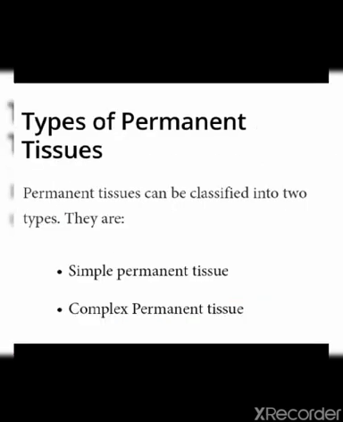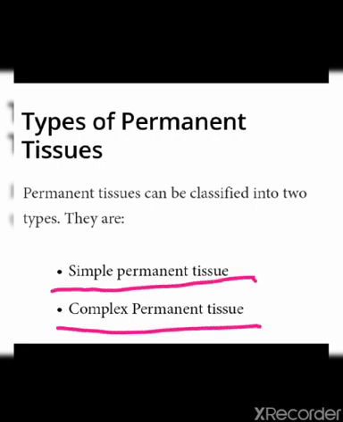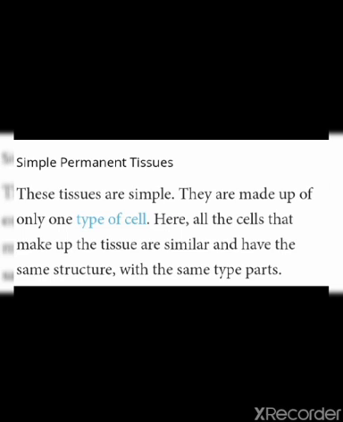Now, types of permanent tissues. Permanent tissues can be classified into two types. They are simple permanent tissue and complex permanent tissue. Let's take first simple permanent tissues. These tissues are simple.